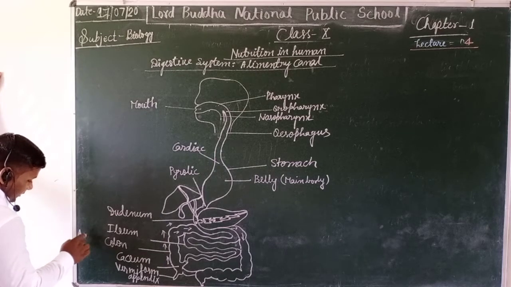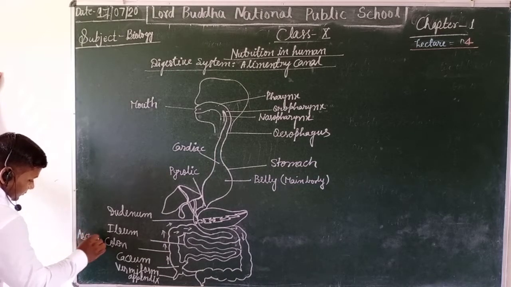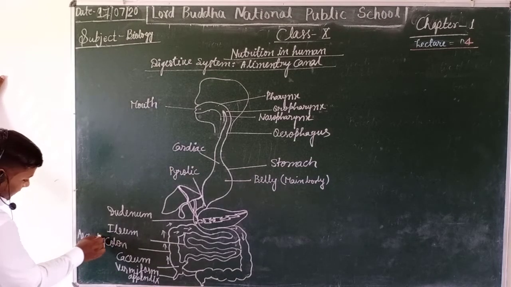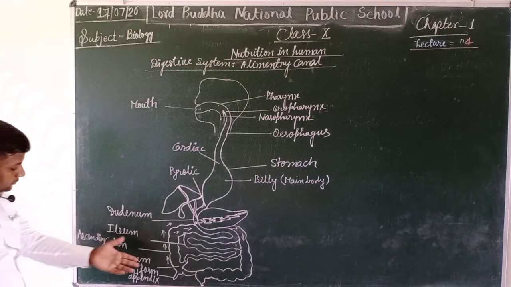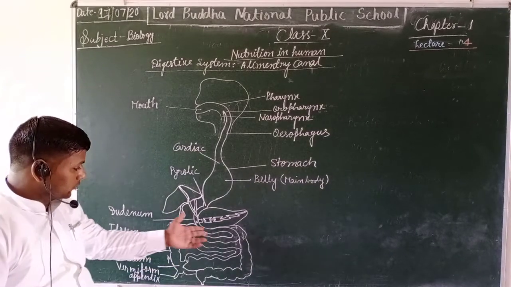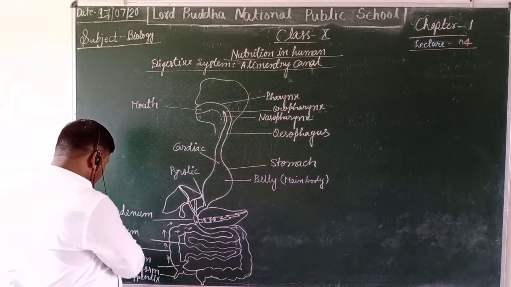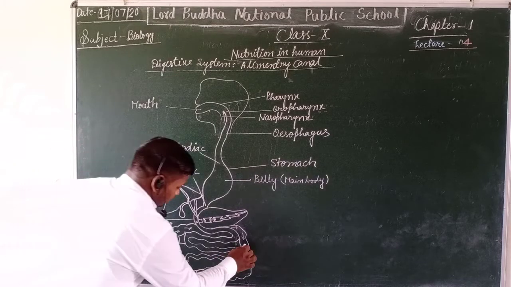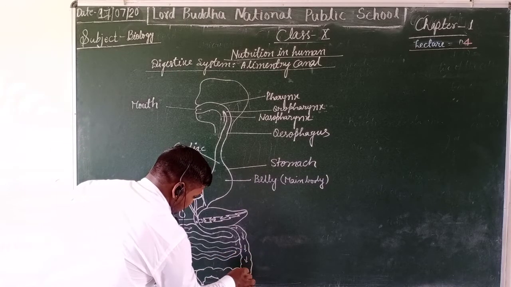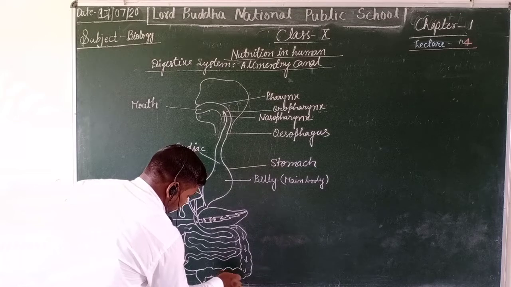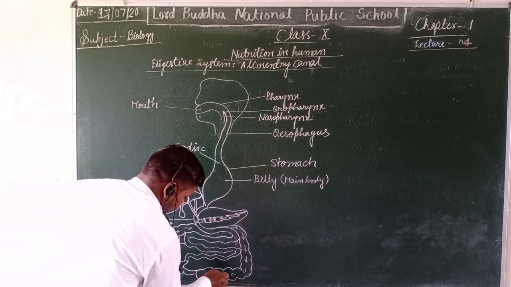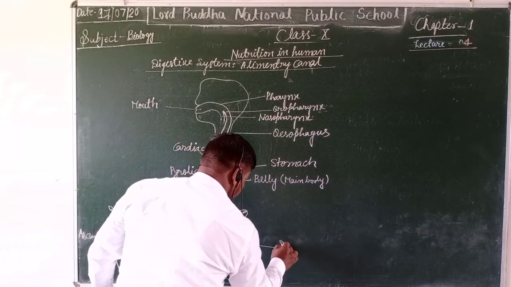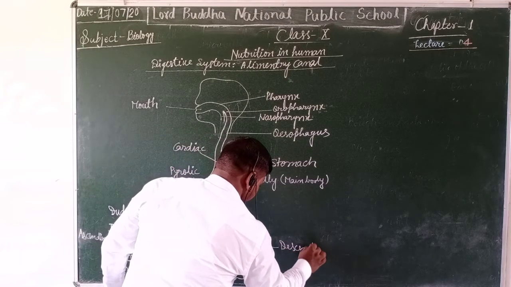Ascending, because it directs the undigested or digested food materials toward the upward direction. That's why it is known as the ascending colon, and the food now passes into the rectum with the help of the descending colon.